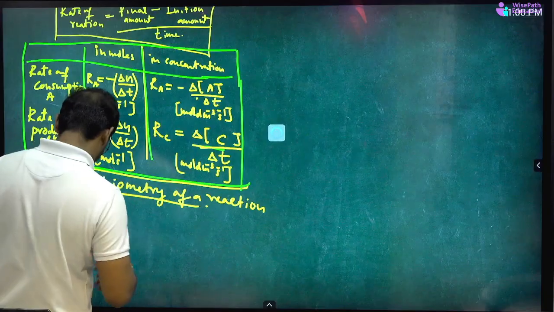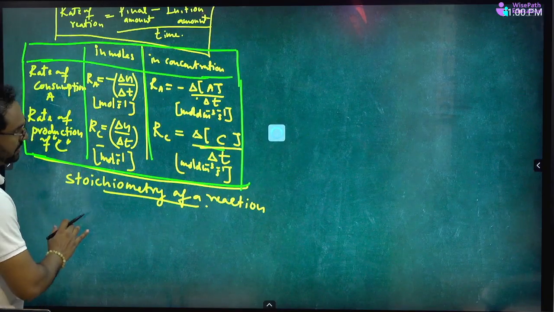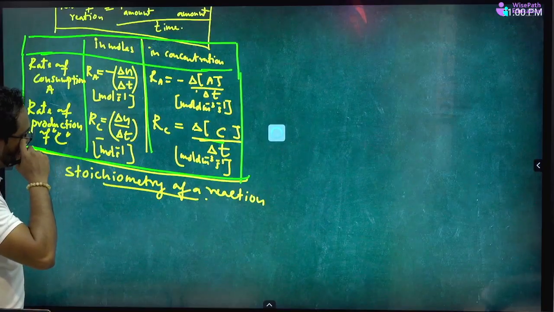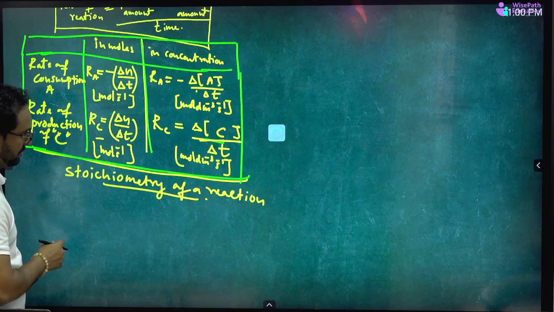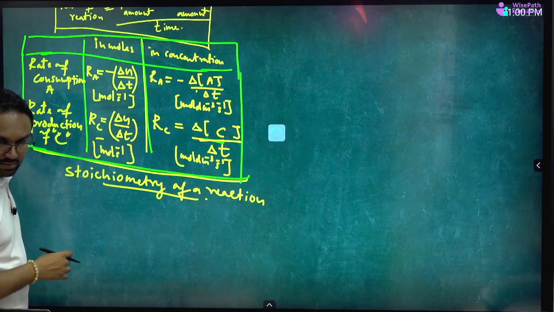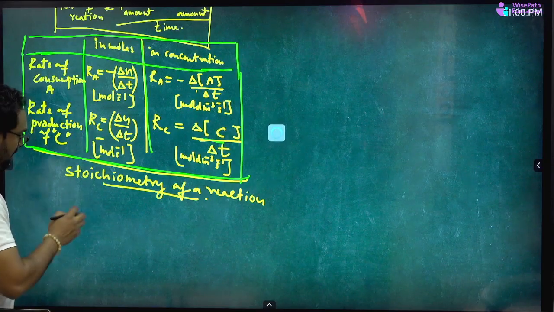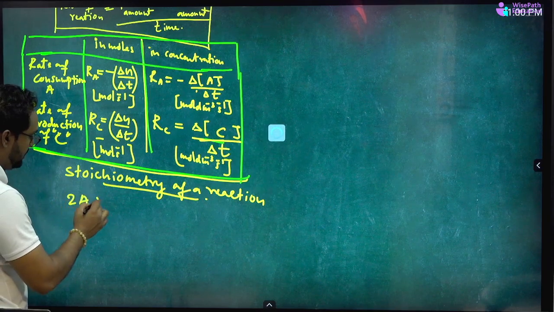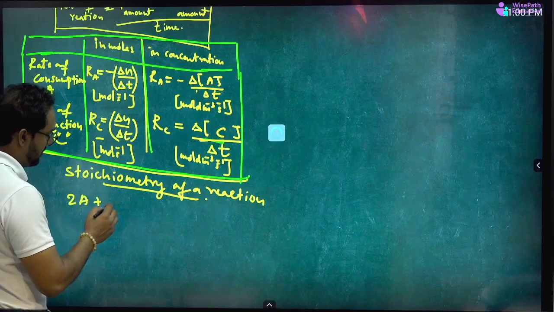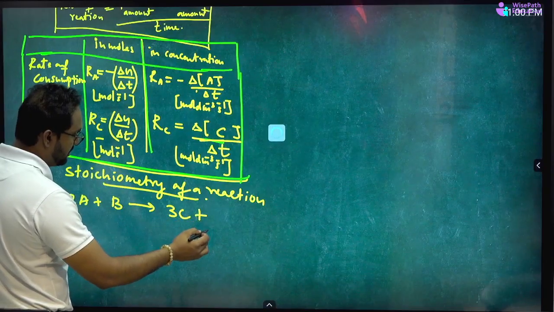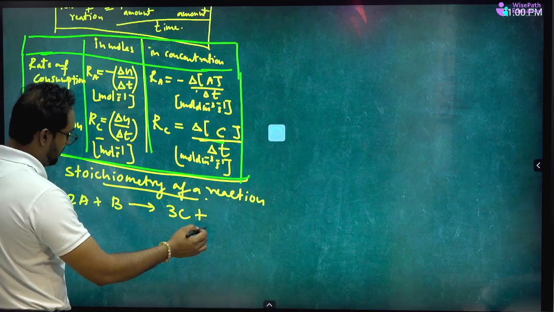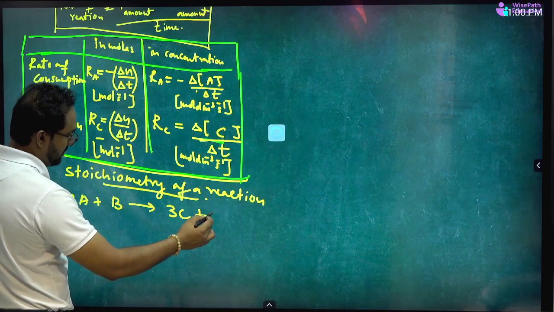So stoichiometry of a reaction. I'll take something like this. Let's say 2A plus B produces 3C plus 4D.